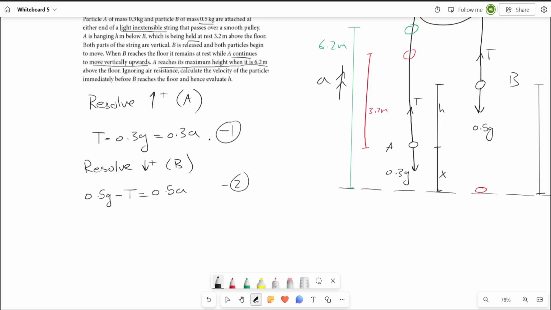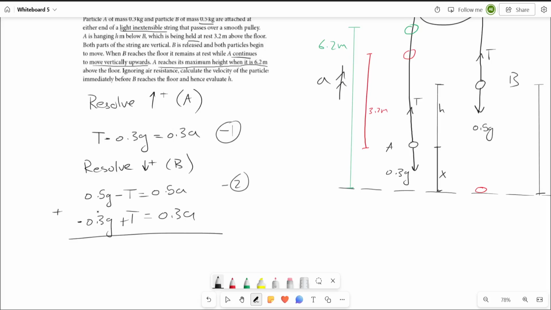So let me rewrite equation 1 over here in this way: negative 0.3 g plus T equals 0.3 a. And from here I can add those two equations together because adding them will cancel my T, which is helpful.